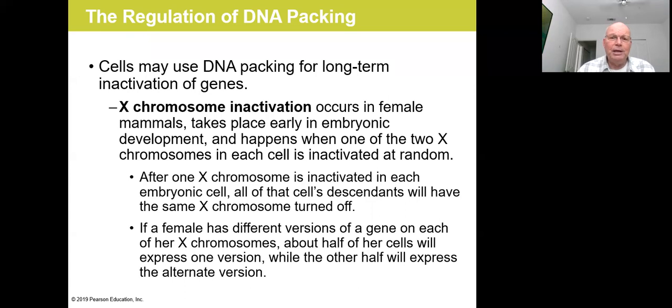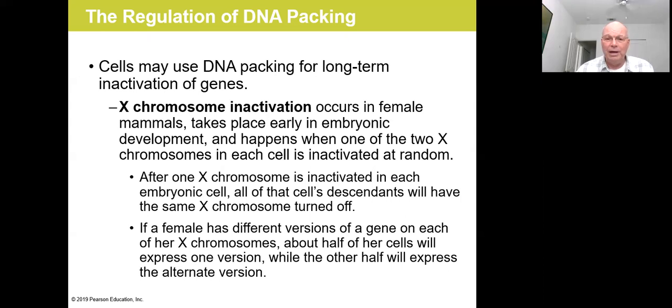It usually takes place at the 8-cell to 16-cell stage in the development of the fetus or of the embryo. And why this is important is because all the daughter cells of each one of those 8 to 16 cells is going to inherit the same X chromosome in an inactive form. And which of the 2 X chromosomes is inactivated is random amongst those cells.